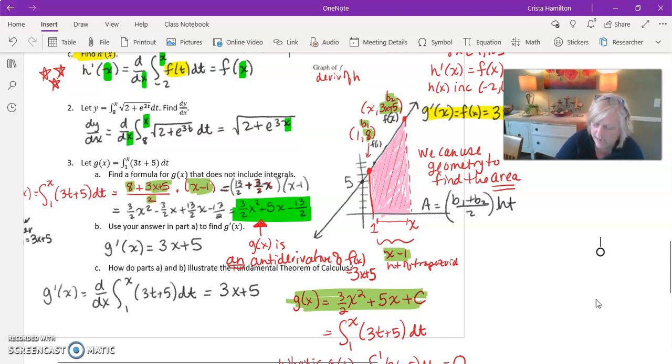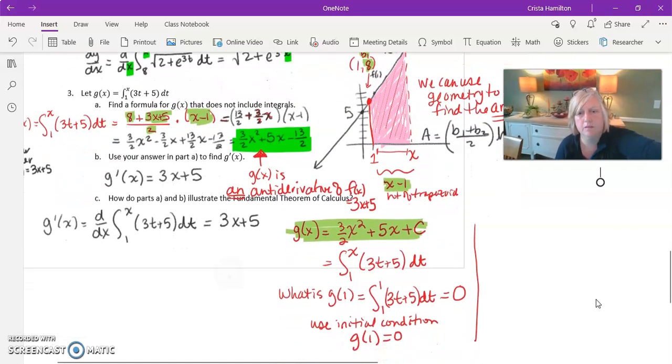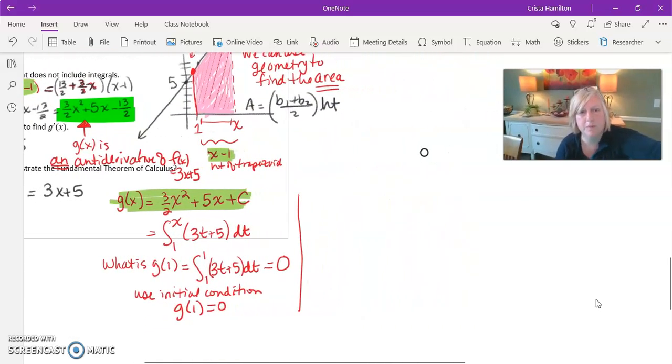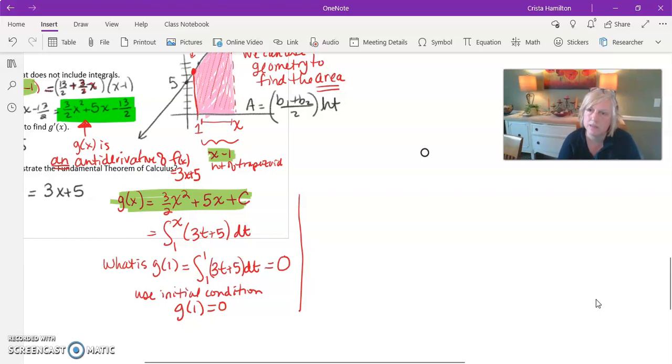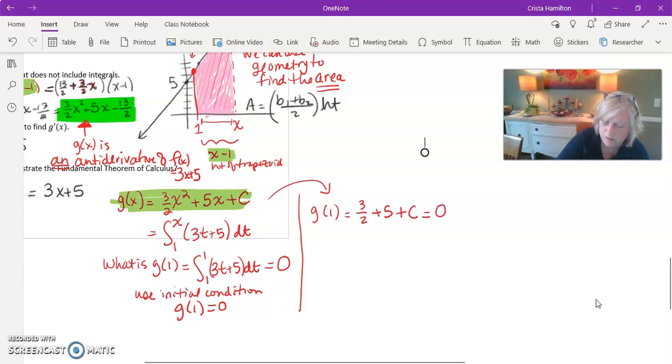And if I use that and plug it into my function, so g of 1 equal to 0, I can find that initial condition. When you plug it in over here, g of 1 is going to be 3 halves plus 5 plus c, and that's going to be equal to 0. This is 3 halves plus 10 halves plus c equals 0.